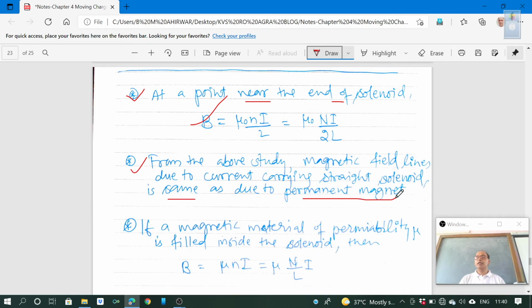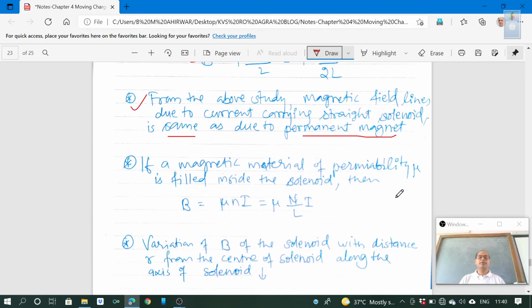So we can say the solenoid behaves as a permanent magnet. If a magnetic material of permeability mu is filled inside the solenoid, its magnetic field intensity becomes mu times, so mu naught becomes mu in B equal to mu n I.